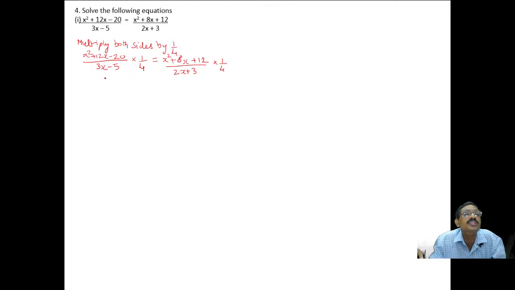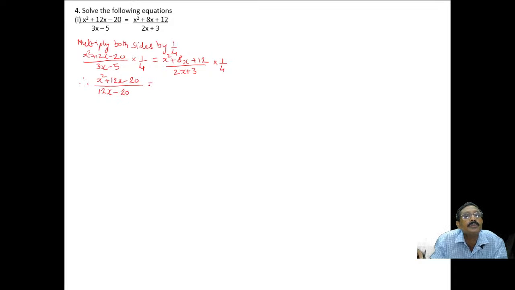When we multiply both sides by 1 upon 4, what we get is, therefore, x square plus 12x minus 20, multiplying this by 1, it will be x square plus 12x minus 20, upon, when we multiply this 4 by 3x minus 5, it becomes 4 3s are 12 into x minus 5 4s are 20.